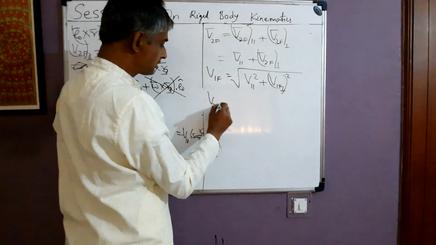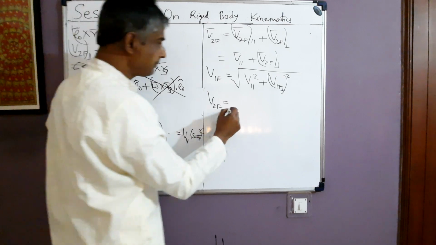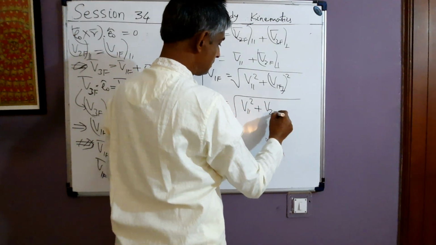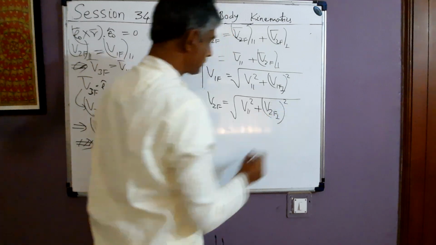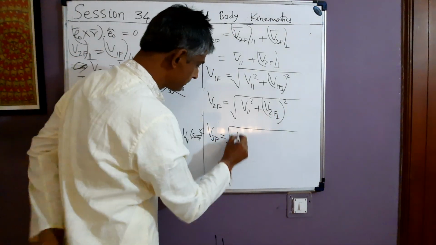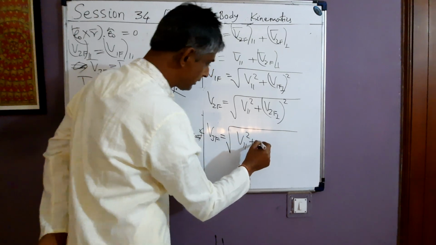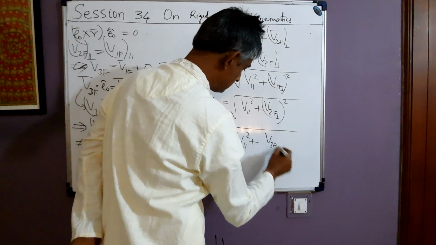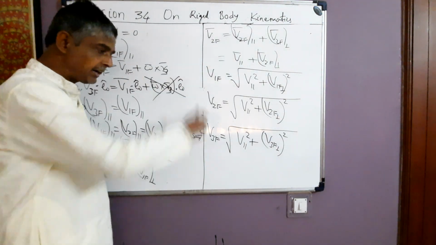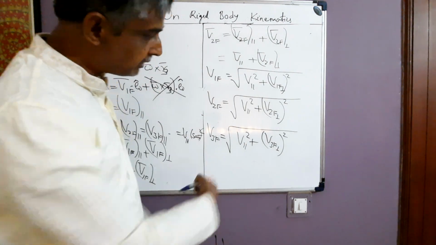Similarly, V2F, the speed of P2 with respect to F at time t, can be written as V parallel square plus V2F perpendicular whole square. Similarly, V3F can be written as V parallel square plus V3F perpendicular whole square. In this way, we can write similar equations for further locations of M with respect to F.